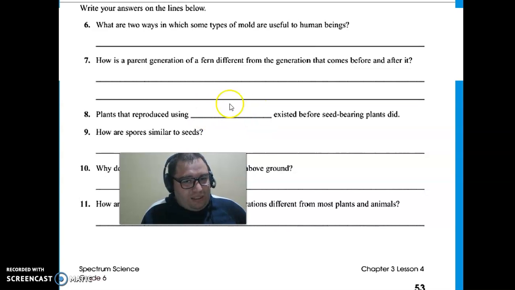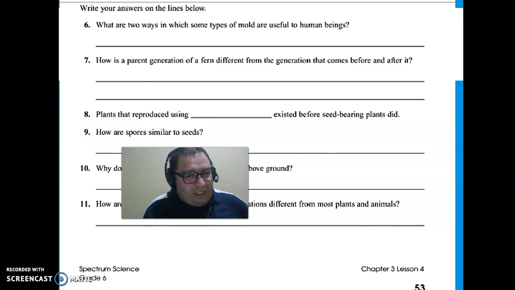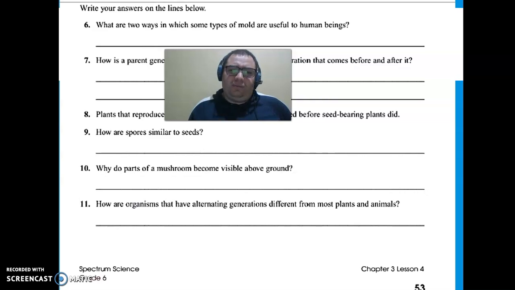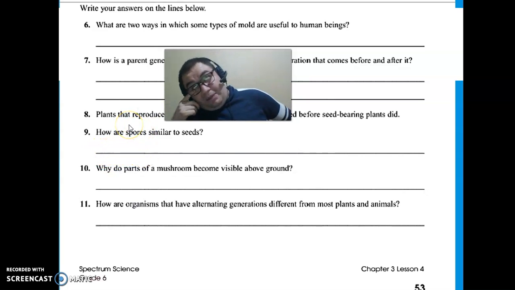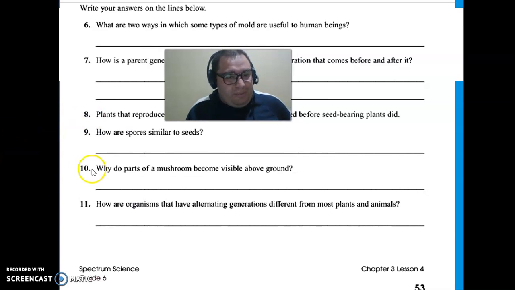What is the magic word that goes in here? How are spores similar to seeds? Are they similar or not? In the flowers, the pollen maybe is similar. So you're going to explain. The magic word is that the transportation is very similar.